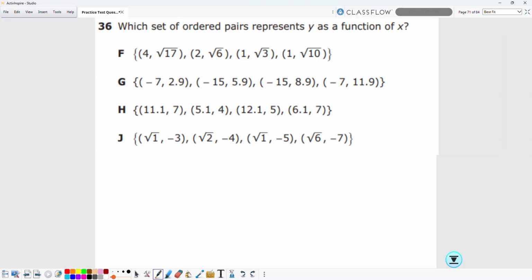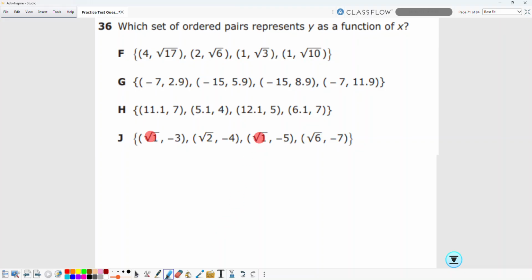However, if you didn't want to go through all that, what you would do is look for the same x value. And if there were two different y values, you would know. So, actually, you know what? I'm going to highlight in red. There's a square root of 1.